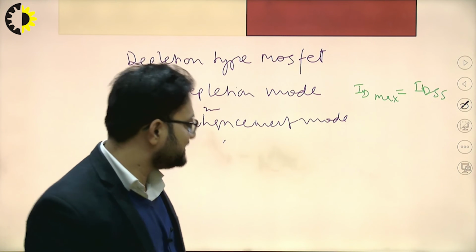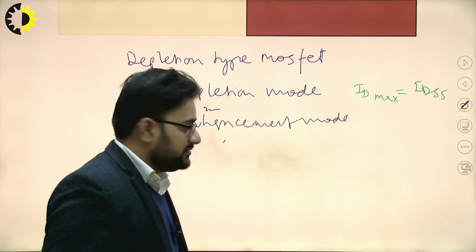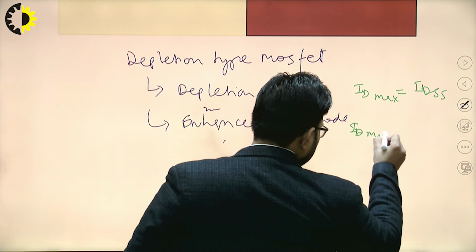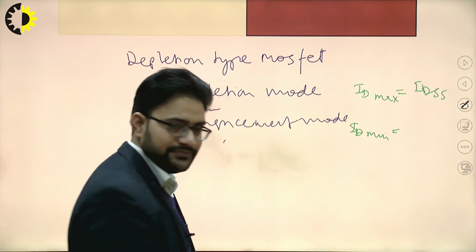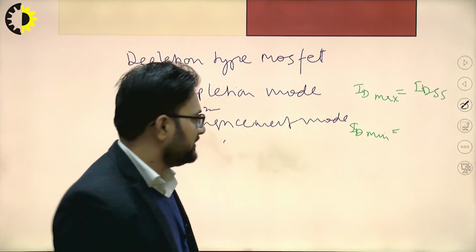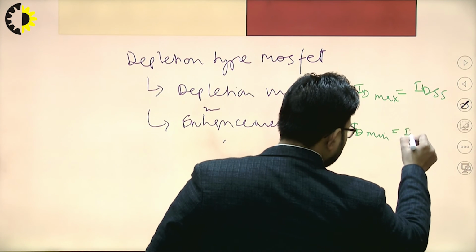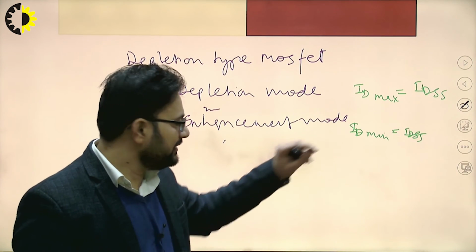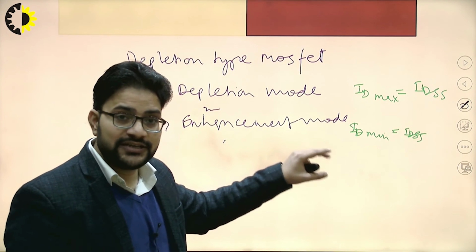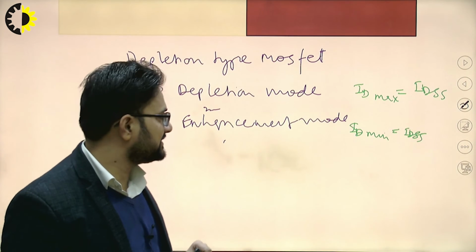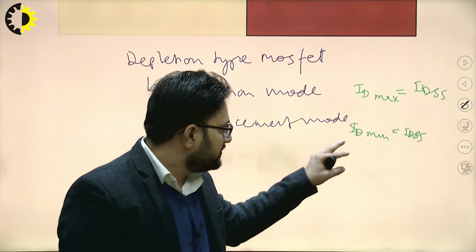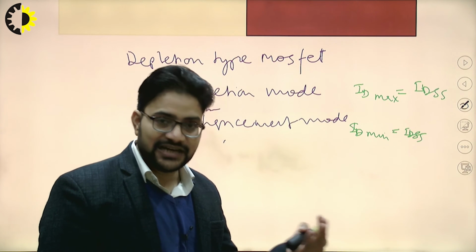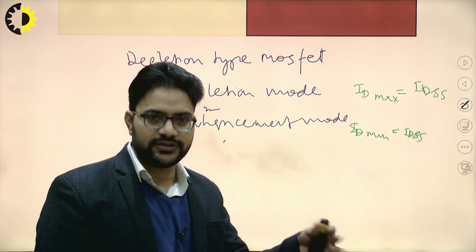It will increase such that ID min, that is the minimum value of drain current, will be equal to IDSS. So why is this happening? Whenever gate to source voltage is 0, in this case, a constant amount of charge carriers will be reaching from the source to the drain.